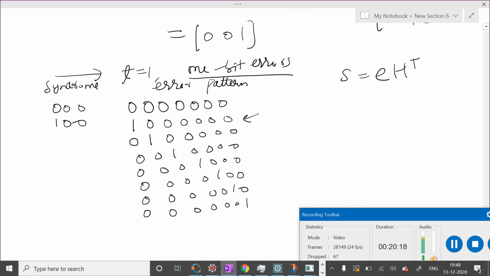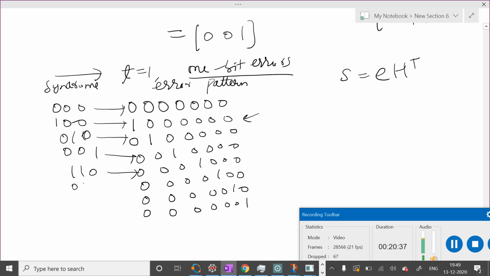These are the only possible basic error patterns, and we compute their syndromes accordingly. So 0 1 0, then 0 0 1, so this is this, then after that 1 1 0, then 0 1 1, then 1 1 1, and 1 0 1.